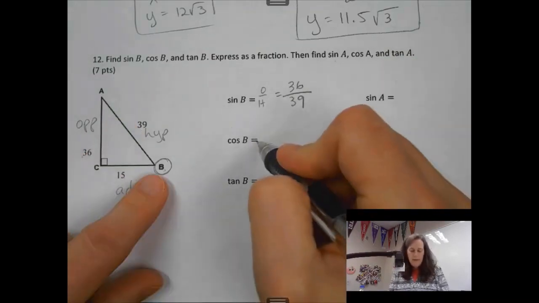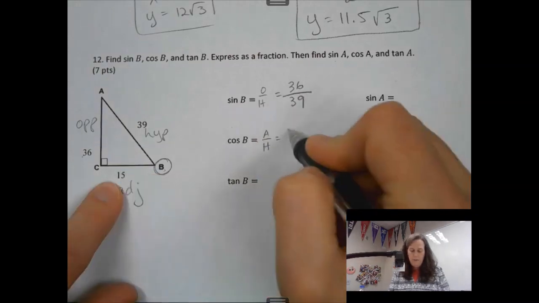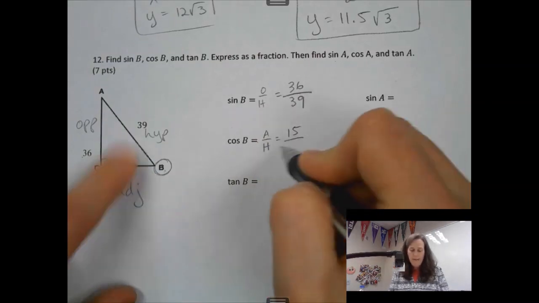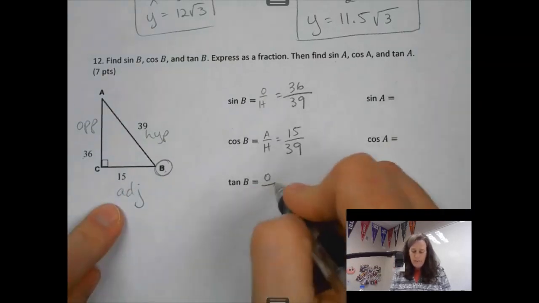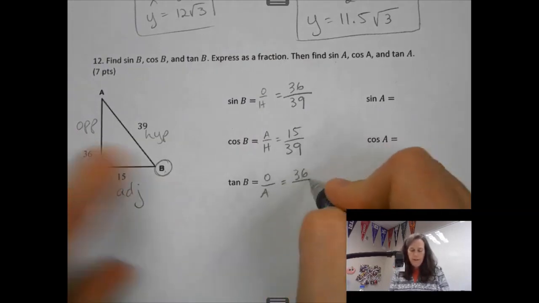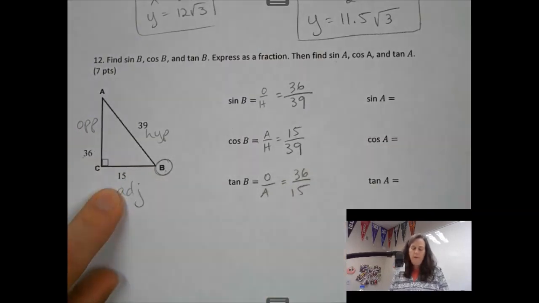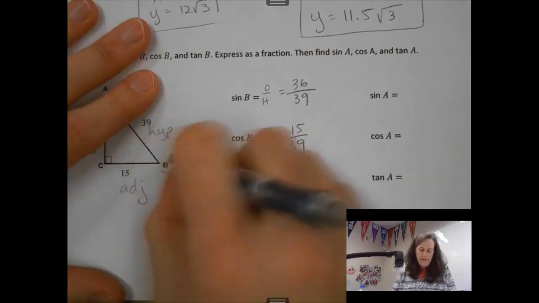Cosine of b, so adjacent over hypotenuse. Adjacent is 15, hypotenuse is 39. Tangent, opposite over adjacent. So 36 over 15. Okay, we did it. Now we need to do this for angle A. So get rid of all that.